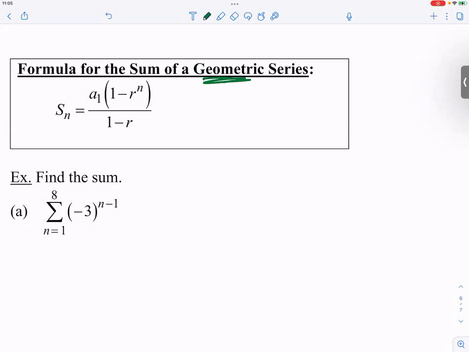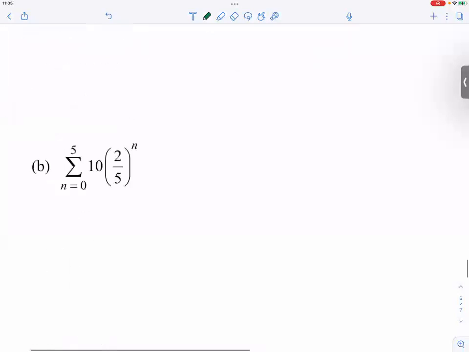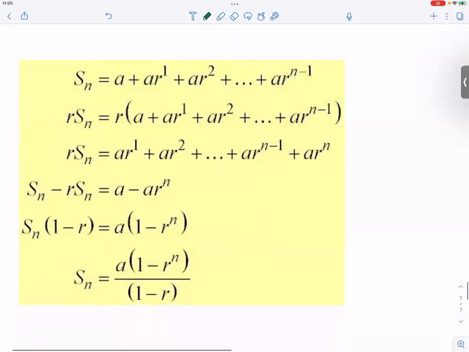I'm not going to ask you to know where this came from. For the arithmetic series, I said you need to know it, since it's a trapezoid. But this one, I will show it to you, but you don't need to know it. It'd be great if you do.